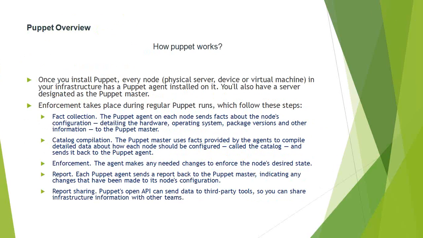Based on this information, Puppet Master tries to find the state of the system and get a lot of information on the agent. So when the Puppet agent contacts the master, it will give its node details, its system details.